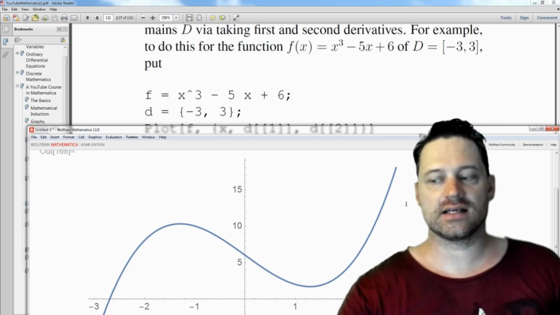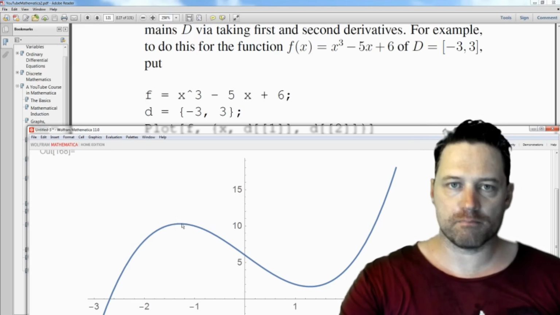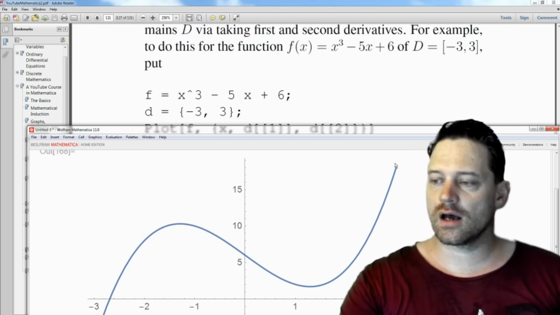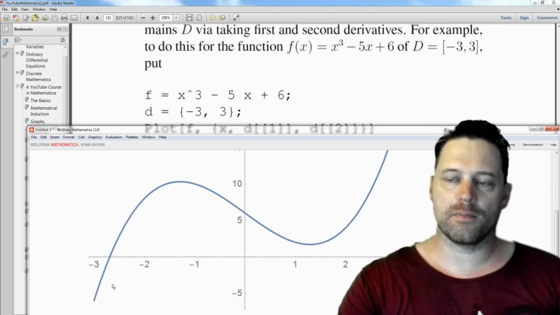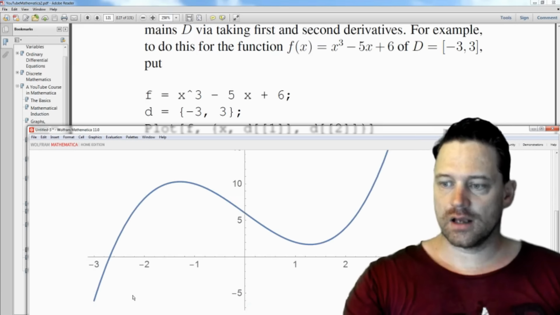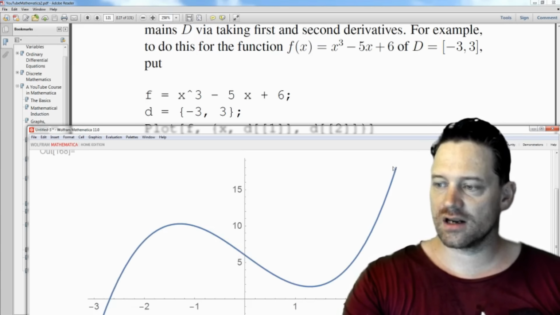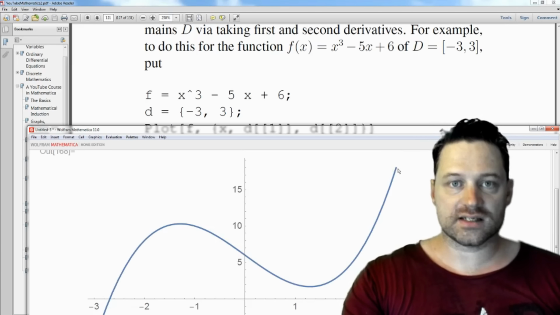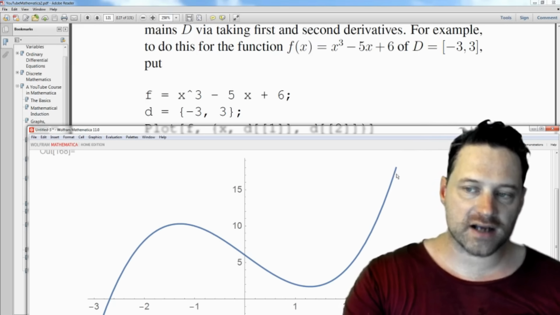So in our case, we would compare this local maximum with this endpoint and the other one down here, and we would compare the value of the function there. If you do that, you see just by looking at this that this one over here at +3 is the highest one, and so that is the global maximum.